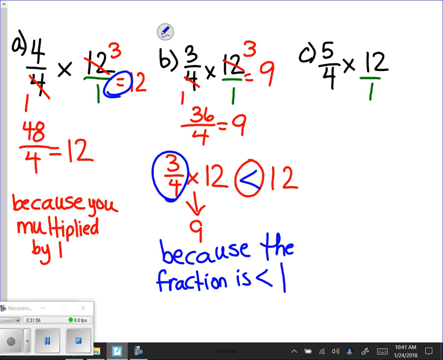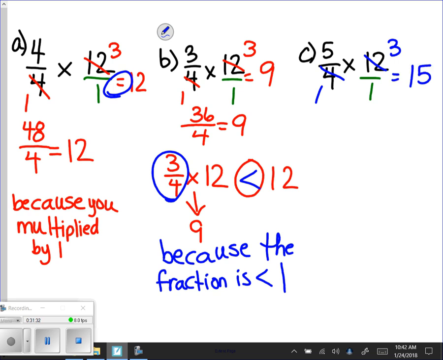If your numerator is smaller than your denominator, your product is lower. They have to be exactly the same for it to be equal. Very good.